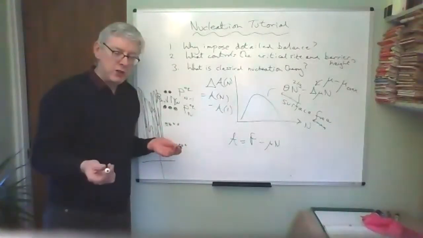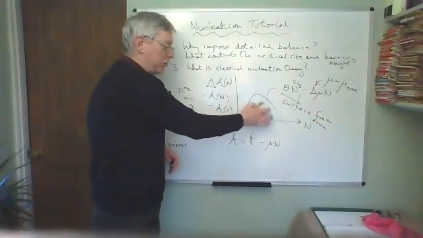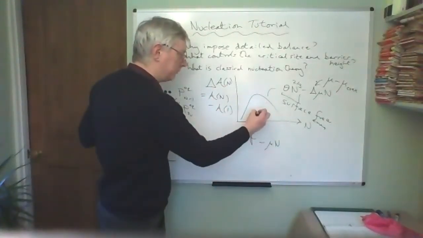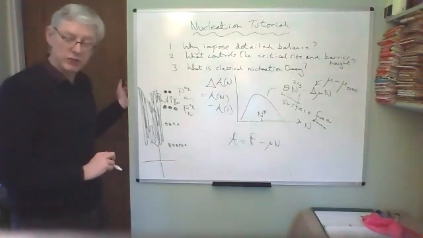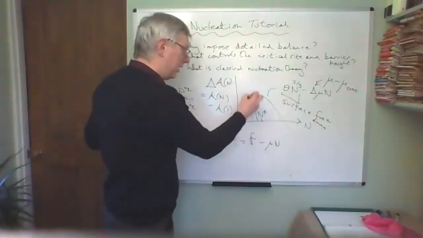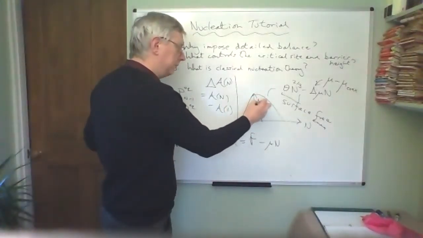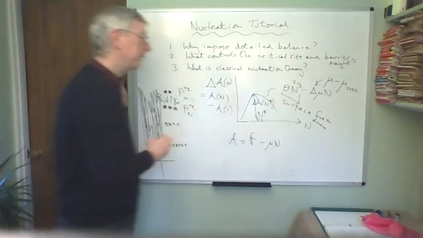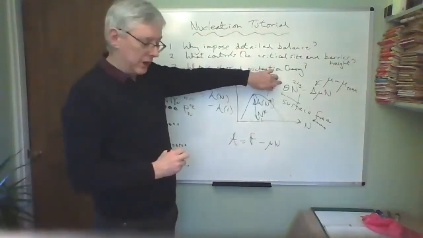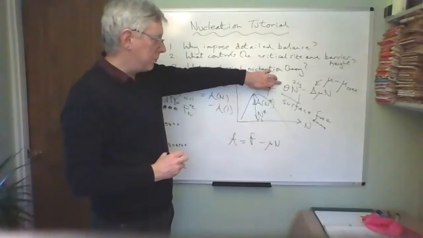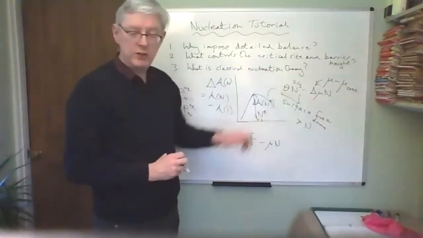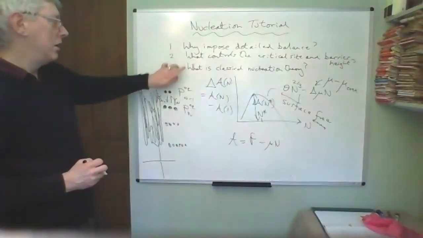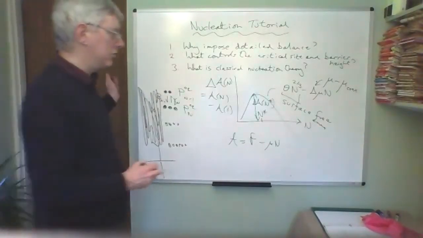So classical nucleation theory takes this picture of a barrier in thermodynamic potential, with a critical size n star where the peak is, and where there is a height, delta A of n star. And you can work out the height of that barrier by analyzing this form. And in the end, the previous question was what controls the critical size?